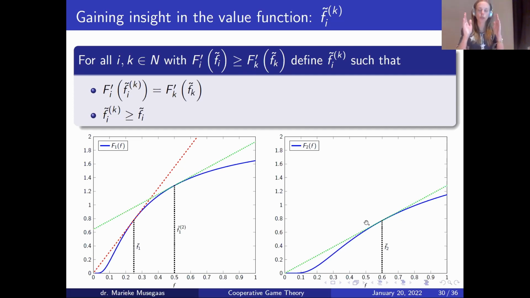So what you do is you have two countries. You look at their dose optimal vaccination fractions, F1 tilde, F2 tilde. You look at their average slope. One of them has a bigger average slope. And with this one, you continue until the slope becomes exactly the same as the average slope over here. So the green dots over here have exactly the same slope as the green dots over there.